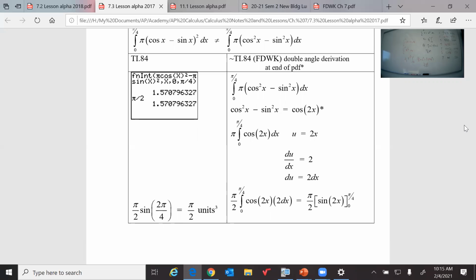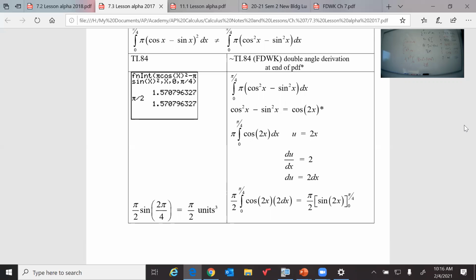You can't anti-differentiate this. Because what is this? This is the derivative of a difference, same thing as a sum, which is the sum of the derivatives. But if mu is cosine x, I can't anti-differentiate that unless I had d mu, which is negative sine.